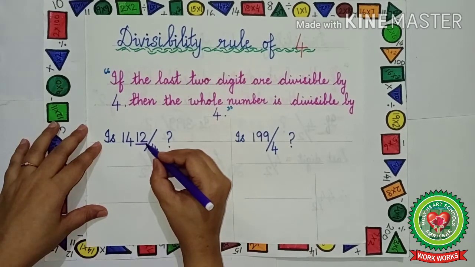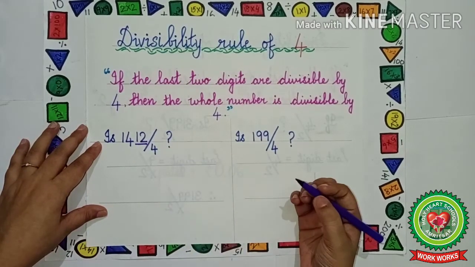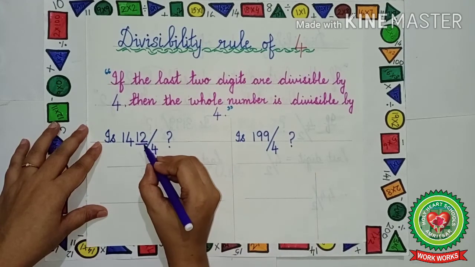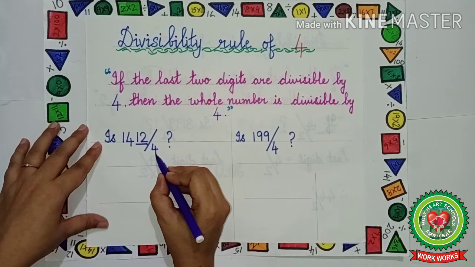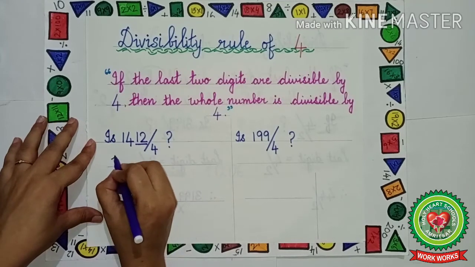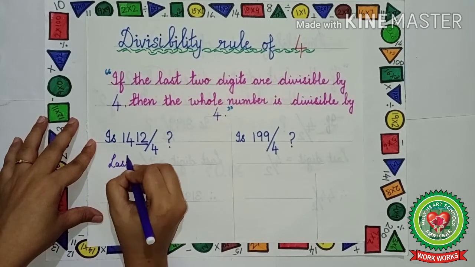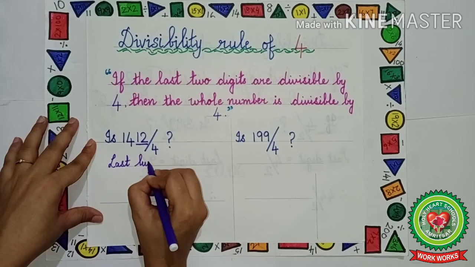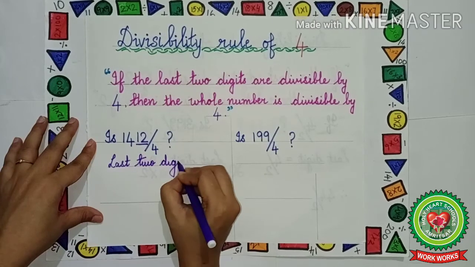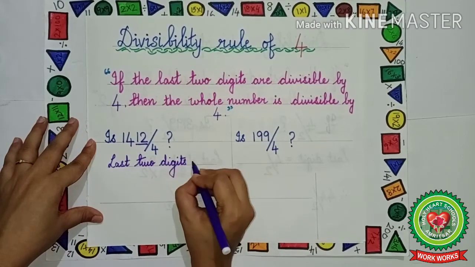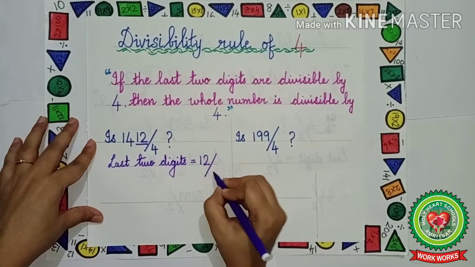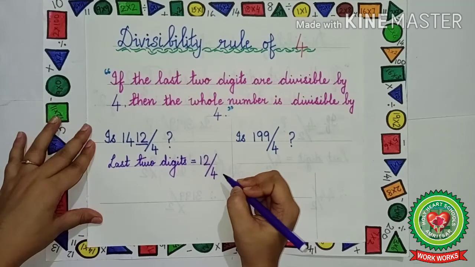Let us see, does 12 come in the table of 4? 4 ones are 4, 4 twos are 8, 4 threes are 12. So 12 comes in the table of 4. That means 12 is divisible by 4. So let us write last two digits, which is equal to 12, is divisible by 4.